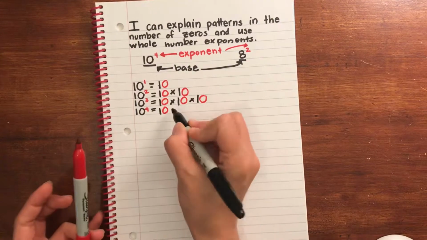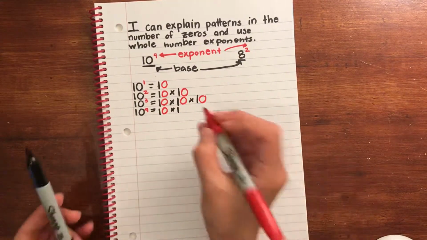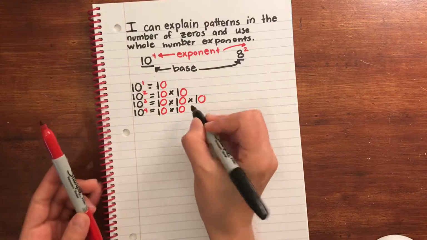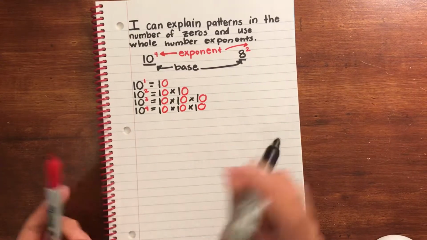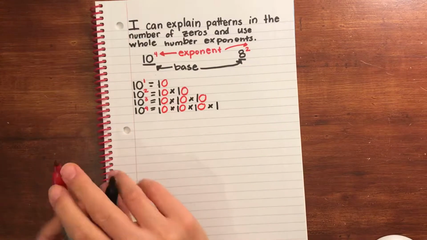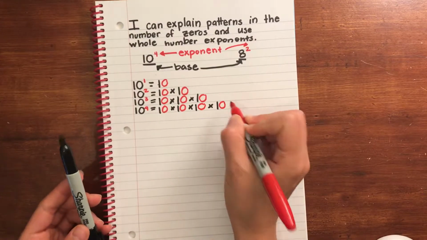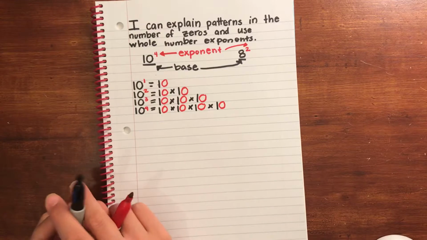Here's 1. Here's 2. Here's 3. And here's 4. So you can see the pattern of tens.